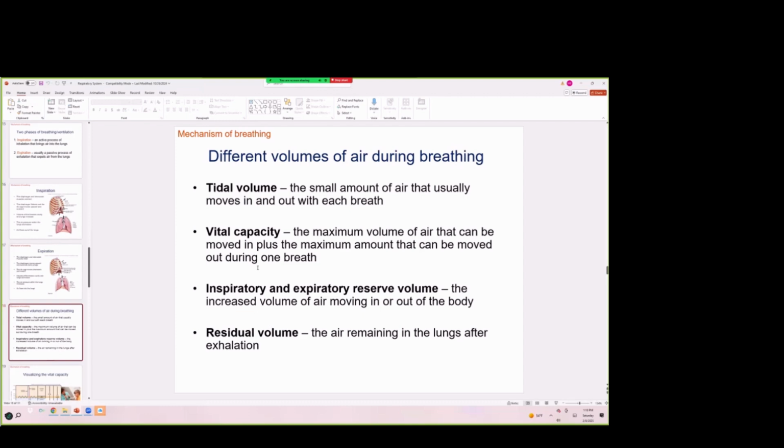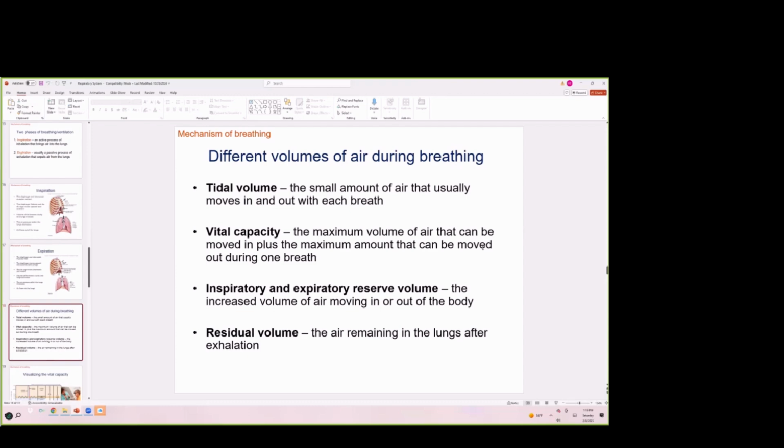When we talk about capacity, we mean the maximum volume of air that can be moved in plus the maximum volume of air that can be moved out. Imagine that we are breathing normally, and then I say breathe in some more, breathe in extra, and then breathe out. That maximum amount of air that you can breathe in and out is called the vital capacity. It helps people looking at how well your lungs are doing.